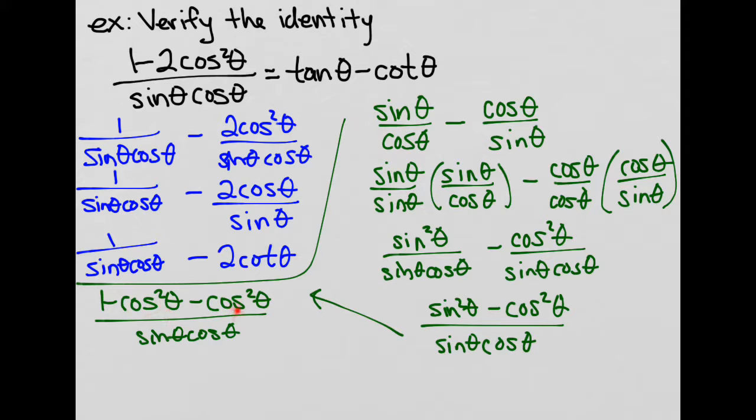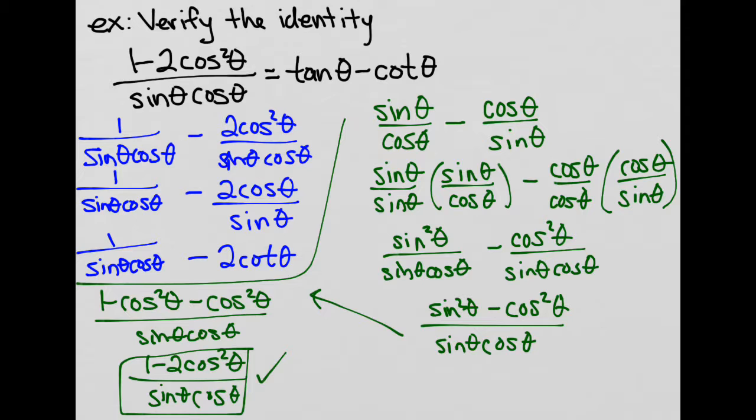We've got cosine squared and cosine squared, so we can combine those into negative 2 cosine squared. And that is still all over sine theta cosine theta. And that is exactly what we wanted to get it to equal. So we have just verified that this identity is true.